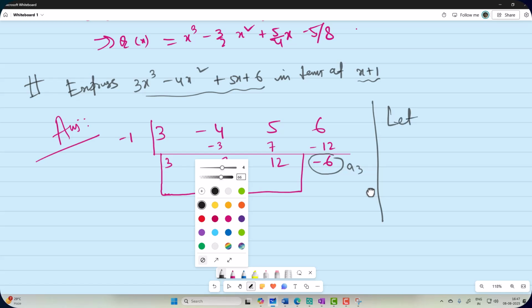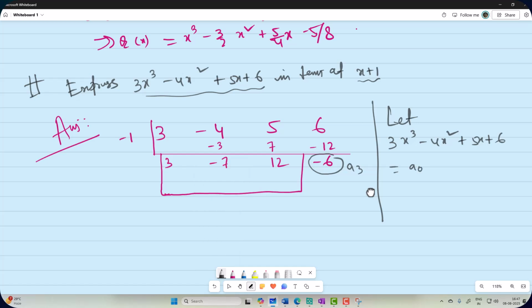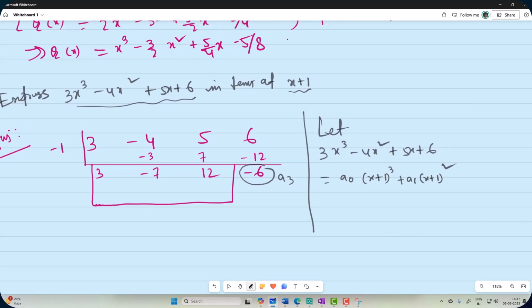So you have assumed that let 3x cube minus 4x square plus 5x plus 6 equal to a0 (x plus 1) cube plus a1 (x plus 1) whole square, then a2 (x plus 1) plus a3. That a3 we got here.